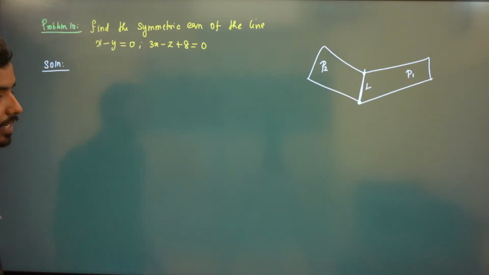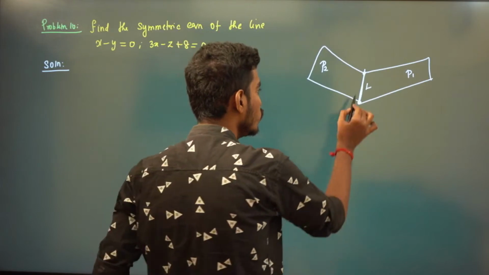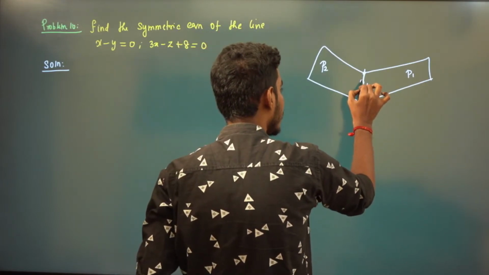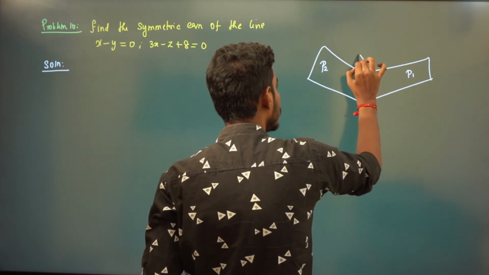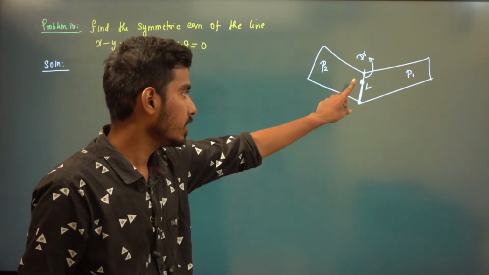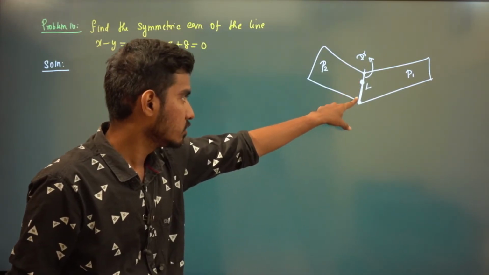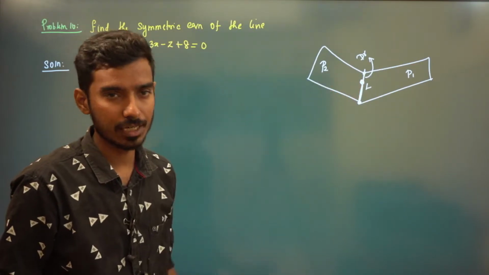Now, very easy. In order to find the equation of this line in symmetrical form, you should know any one point on the line and you should know the direction ratio of this line. Yes or no?